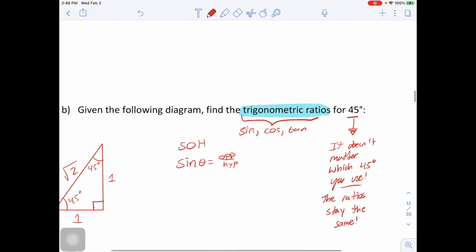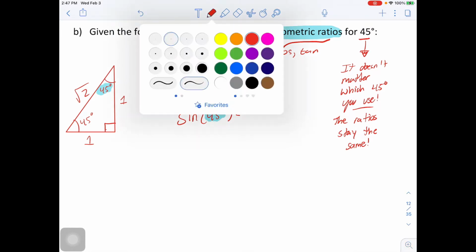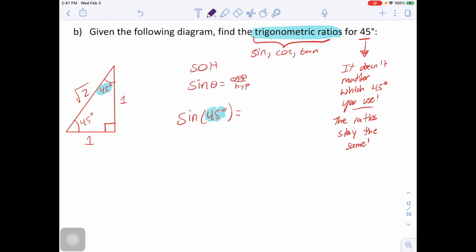Okay, so at this point, let's plug in our 45 and check what the opposite is. So sine 45 degrees, and you know what? I'm going to highlight here. I'm going to say that we're going to use this one. Again, it doesn't matter, but it's good to reference one at least. So for this 45 degree, what's the opposite side length? Well, the opposite side length is the side that is opposite to that angle.